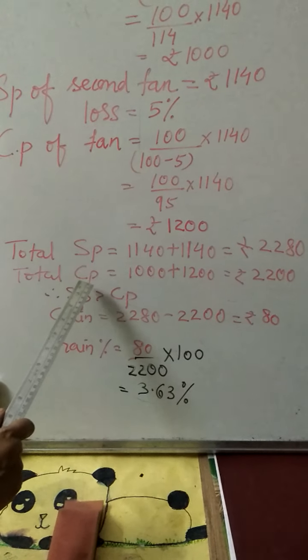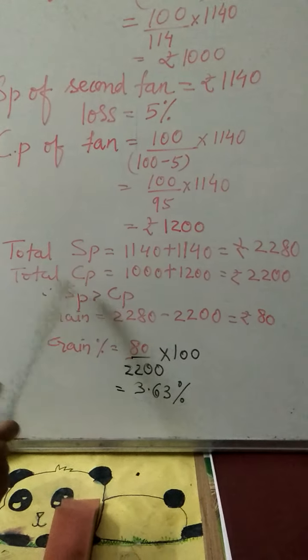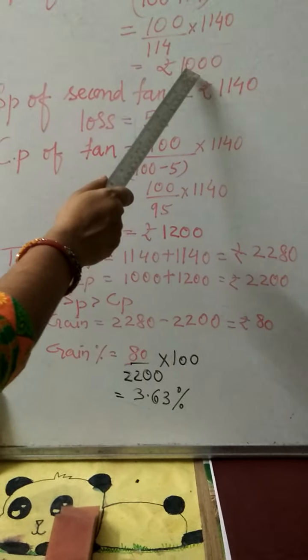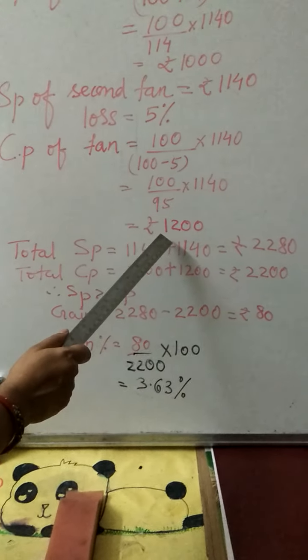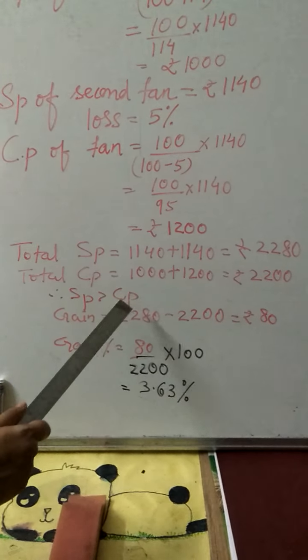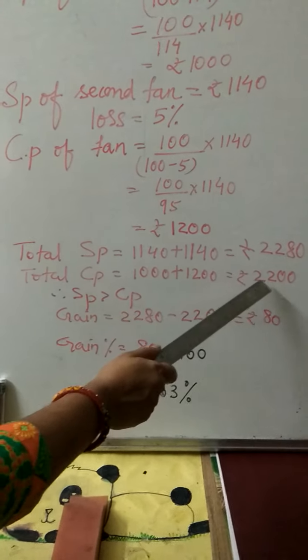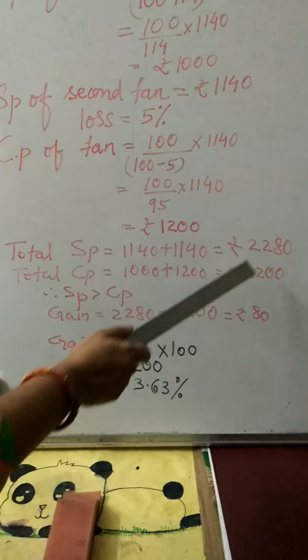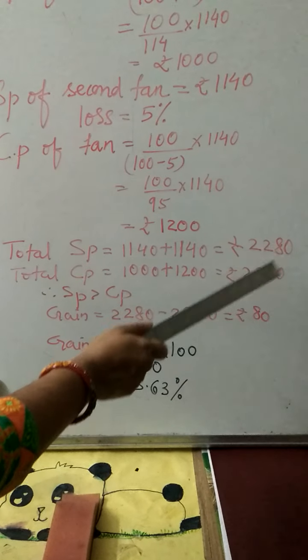Then the total cost price for both the cases: in the first case we got 1000, in the second case 1200. Adding this, we get 2200 rupees.